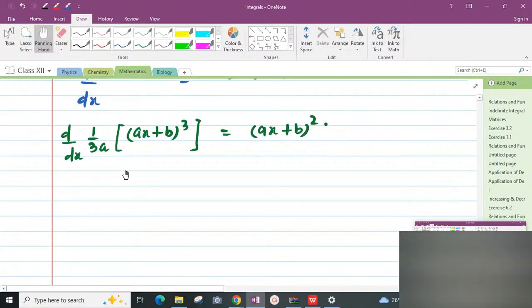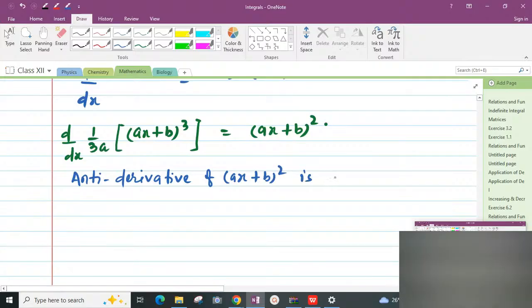Therefore, antiderivative of ax plus b whole to the power 2 is 1 by 3a into ax plus b whole to the power 3.